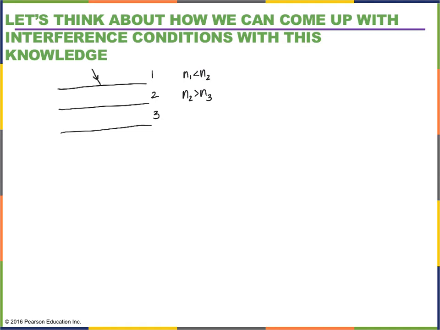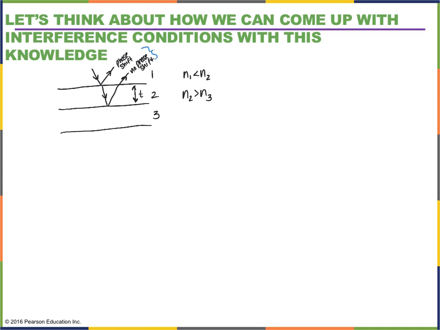So I have the light ray coming in, and this one does undergo a phase shift. But then the light ray that goes through the thin film and reflects off the top of the third material does not. And then this is the thickness of the film.